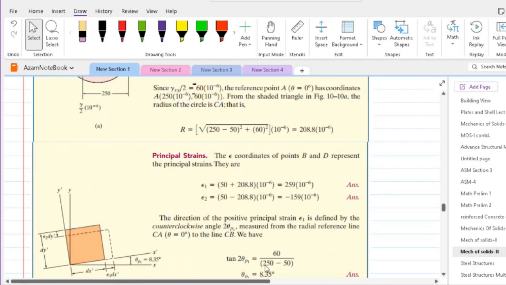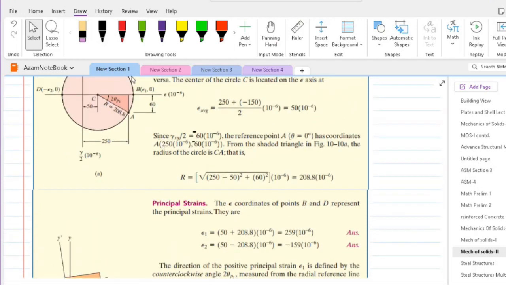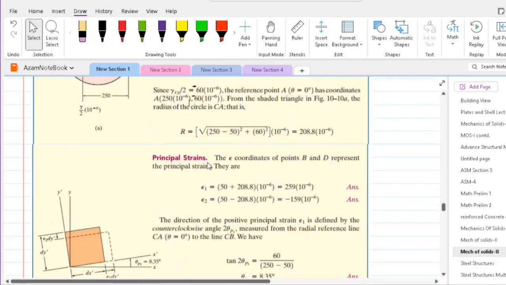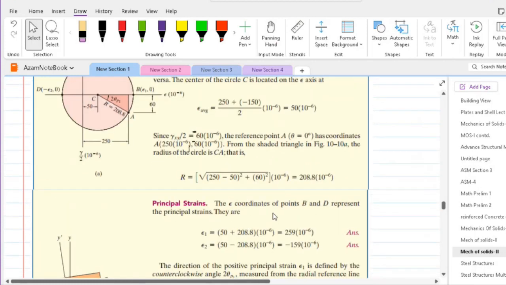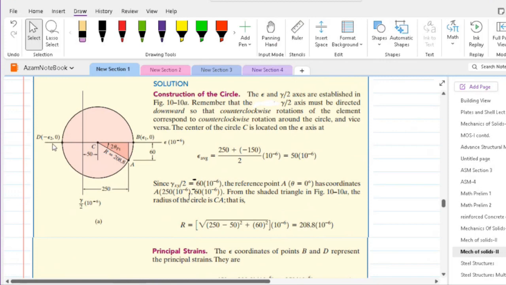So tangent 2 theta p1 is equal to 60 by 250 minus 50, and hence we would get theta p1 equal to 8.35 degree counterclockwise.